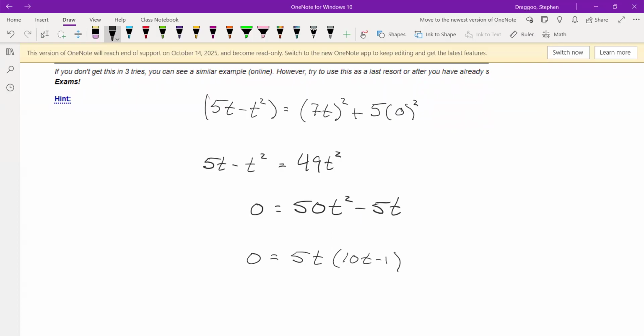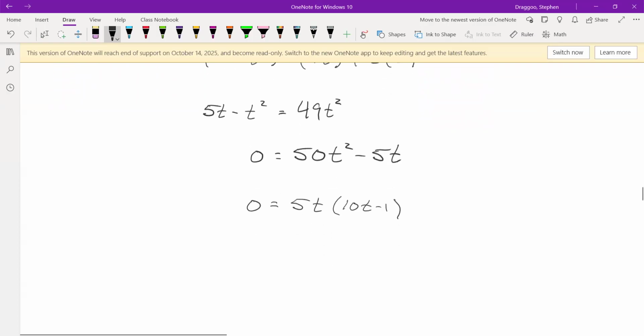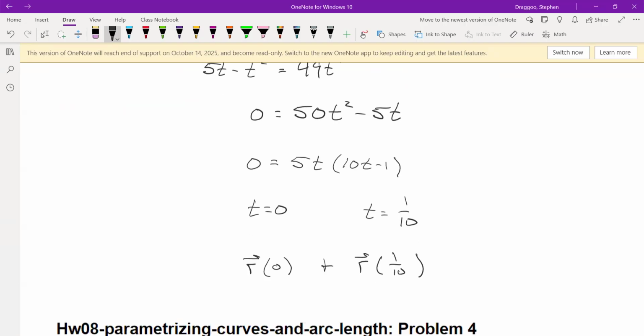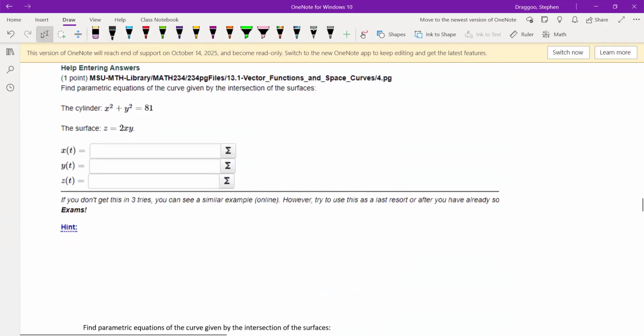If I factor those out, giving me two results, t equals 0 and t equals 1/10. So then I'll go find r of 0 and r of 1/10. Right, I can just plug those back in. And I'll leave that for later, since with our last 5 minutes are a couple other problems I really wanted to get to.